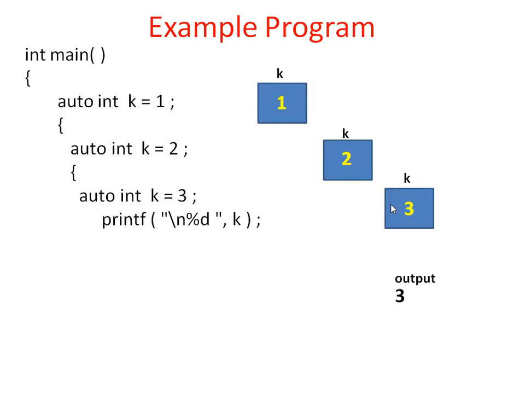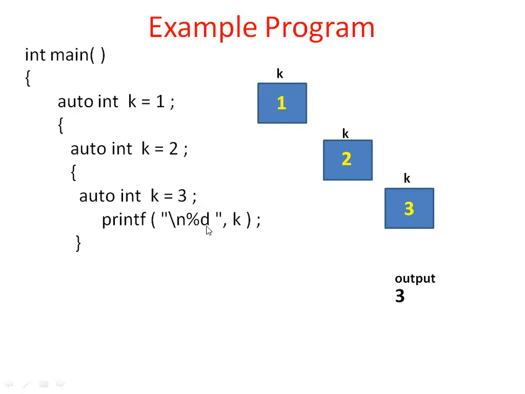So what is the scope of this variable? This is the beginning of the block and this is the end of the block. So this K is visible from the opening brace to the closing brace. Within these braces, the value of this K can be accessed.